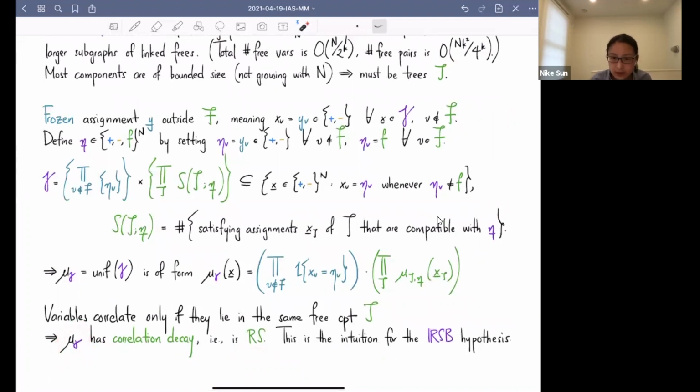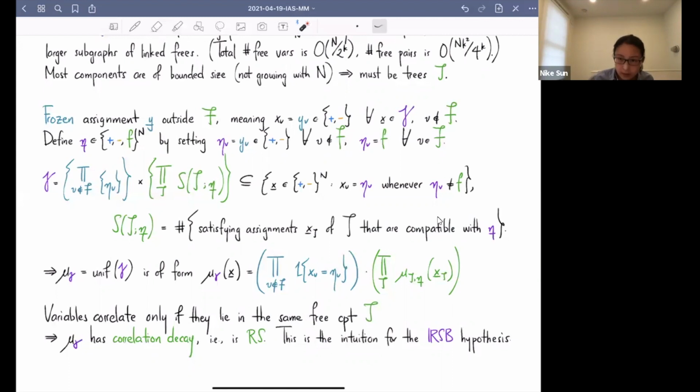It has correlation decay. And this is the combinatorial intuition for the 1RSB hypothesis that I mentioned last time. 1RSB says that the measure mu doesn't have correlation decay, but you can decompose it into smaller components, though not too many of them, such that within each of those components you do have correlation decay.